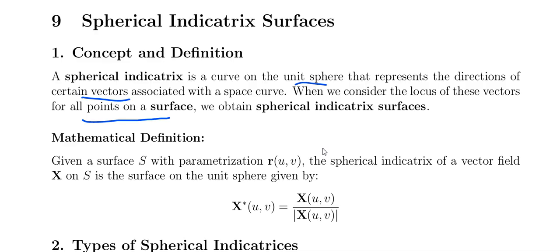What is the mathematical definition? For the surface S with parameterization r of u comma v, the spherical indicatrix of the vector field X on S is the surface on the unit sphere given by X star of u comma v equal to X of u comma v divided by modulus of X of u comma v. This is the definition for the spherical indicatrix.